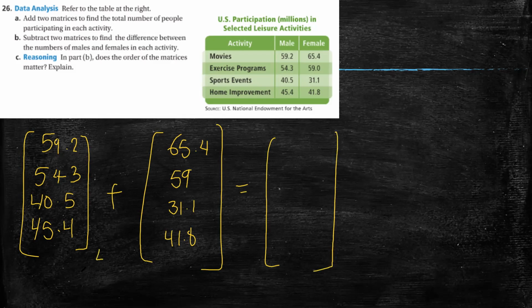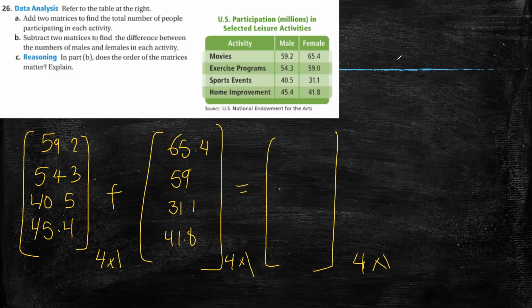Since they are 4 times 1, 4 times 1, using the closure property, it must be 4 times 1.